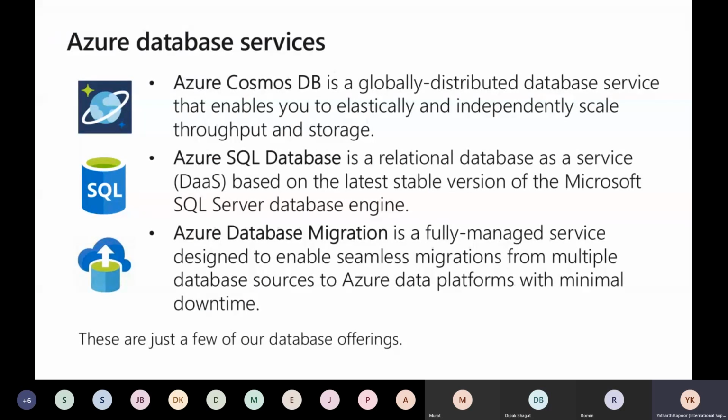Most people just call it SQL, but SQL stands for Structured Query Language. It's just a language that we use to query the database, to find the information in the databases, right?